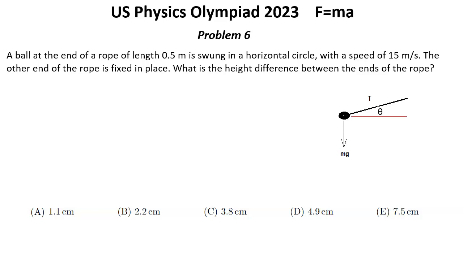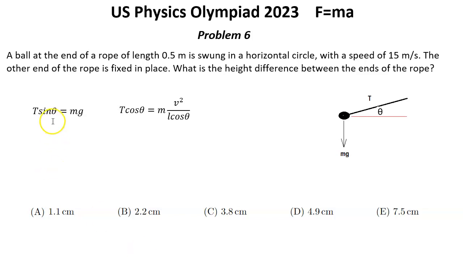First, we have to write equations for vertical and horizontal components for forces. For vertical, we have T multiplied by sine theta equal mg. And for horizontal component, we have T multiplied by cosine theta equal centripetal force, which is mv squared over L cosine theta.